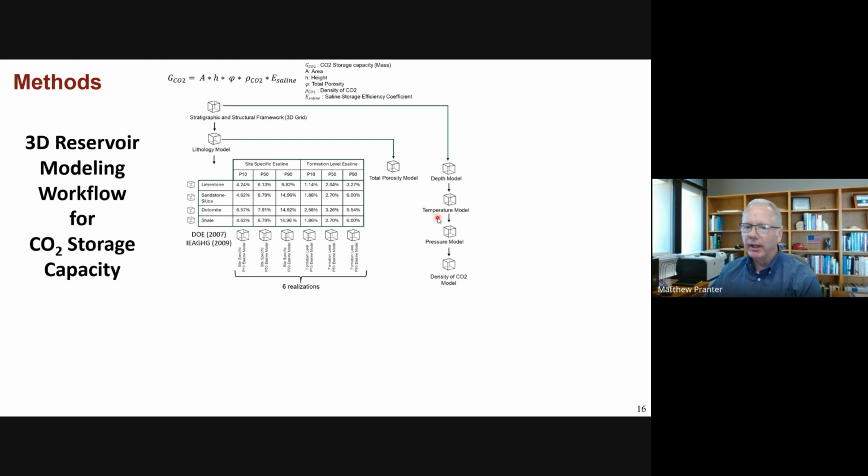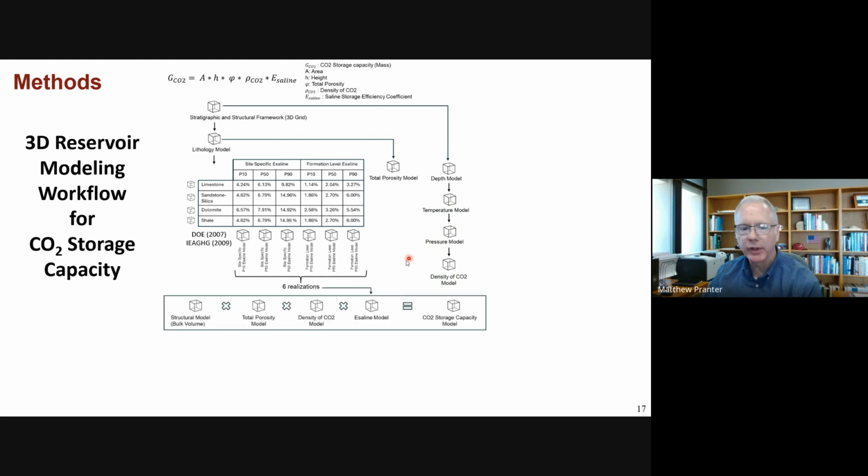In addition, given temperature gradients from bottom hole temperatures from the well data and pressure gradients, that information was used to construct temperature and pressure models that were then used to estimate CO2 density, so we could determine the density of the CO2 at reservoir depths.